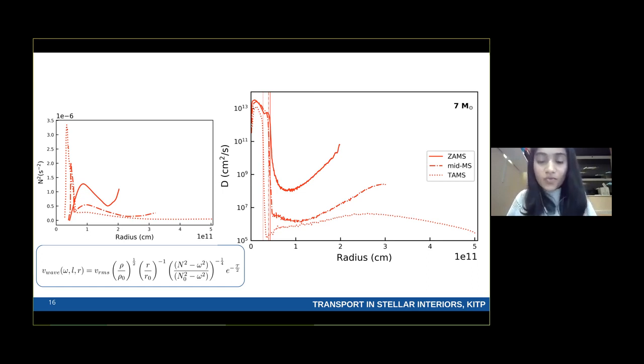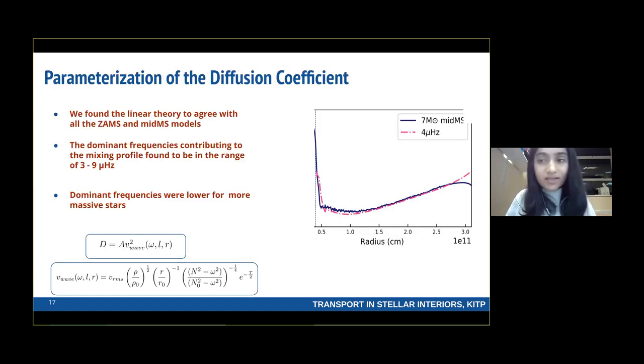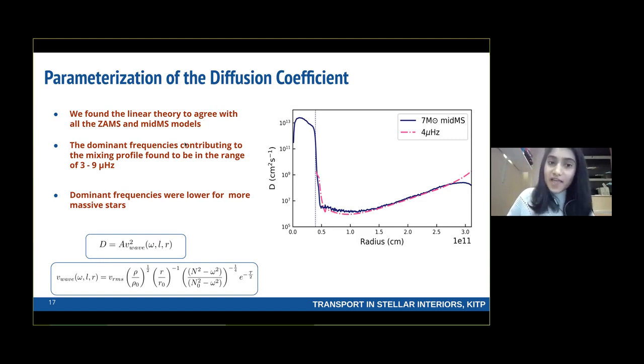So now we have the mixing profiles across different ages and masses from the simulation. We extended our theoretical calculations across all the models, and we found that the linear theory agrees well with all the ZAMS and mid-MS models, with the dominant frequencies contributing to the mixing profile in the range of 3 to 9 microhertz.